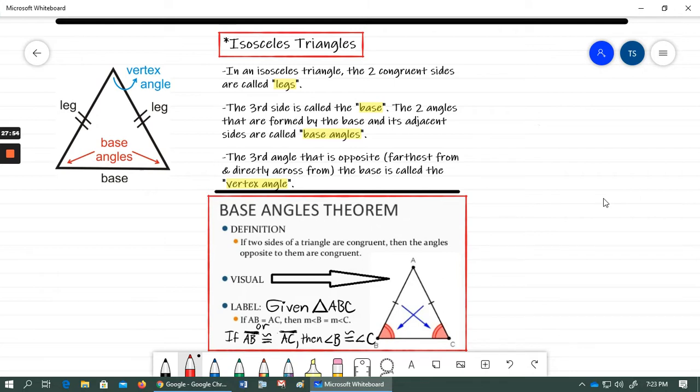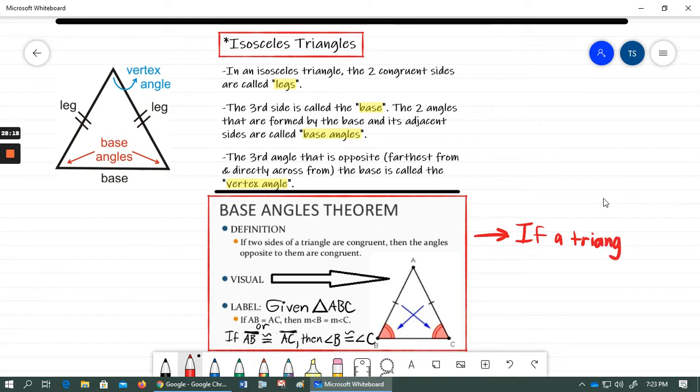So when they say if two sides of a triangle are congruent, what they're pretty much saying is if a triangle is isosceles. I'm paraphrasing here, right? If a triangle is isosceles, that's pretty much what they're saying.